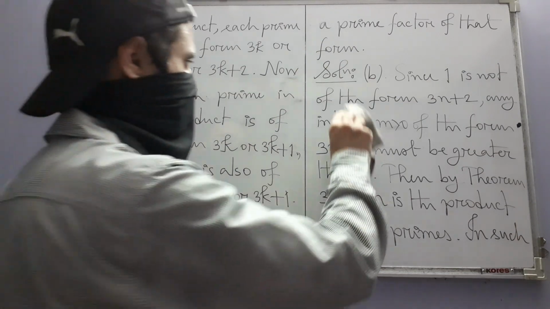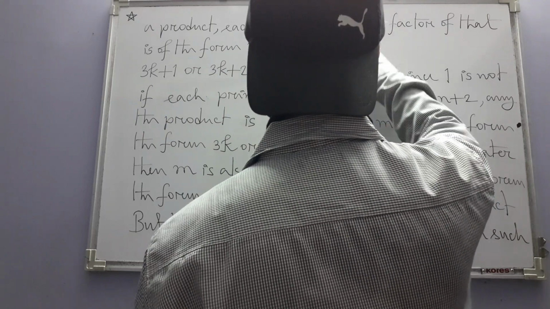And that's why at least one of the primes must be of the form 3n plus 2.